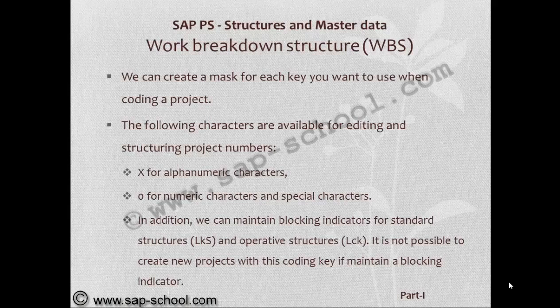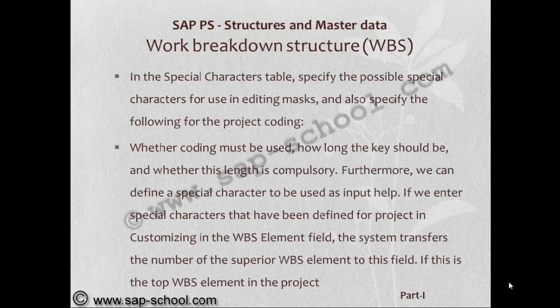It is not possible to create new projects with this coding key if we maintain a blocking indicator. That means any coding mask has been created, but it has been maintained with a blocking indicator, so no project can be created with this coding key.